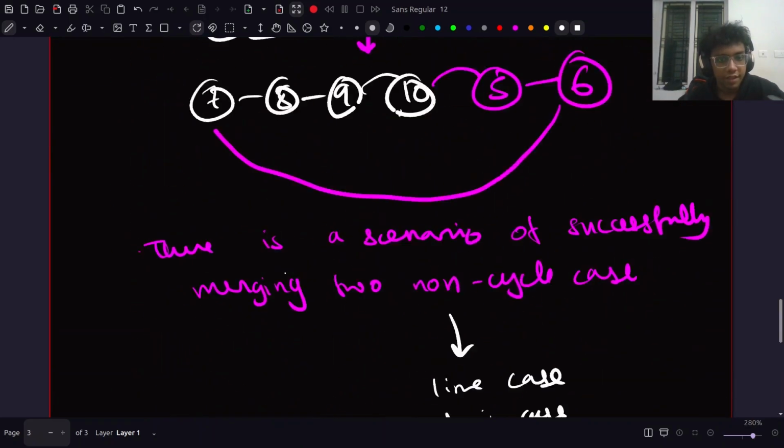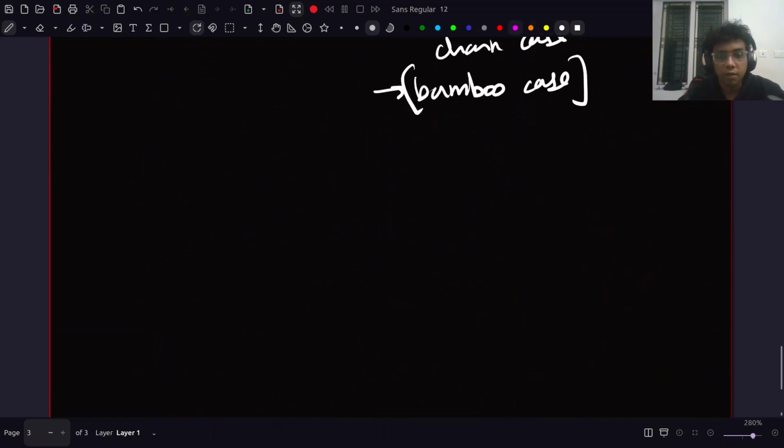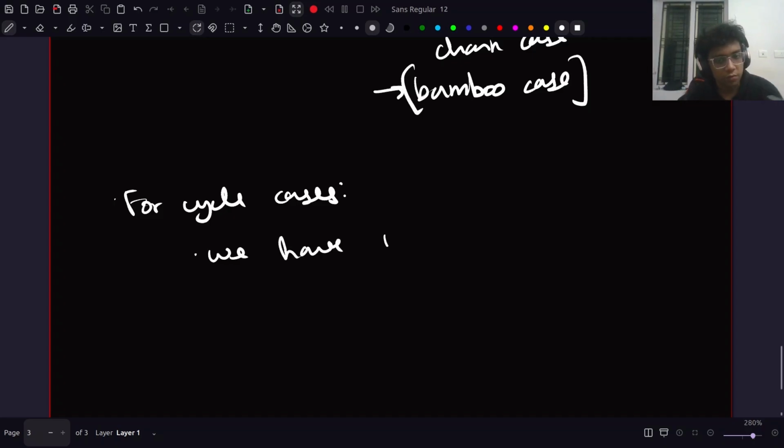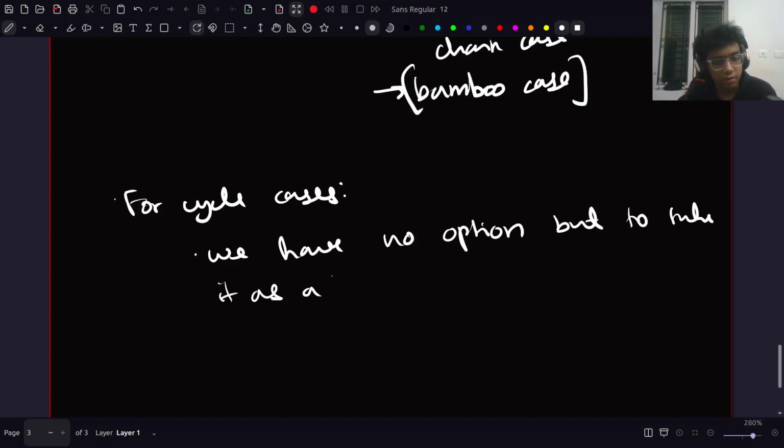So for cycle cases, we have no option but to take it as a round dance, right? We can't do anything about it, we can't touch it.